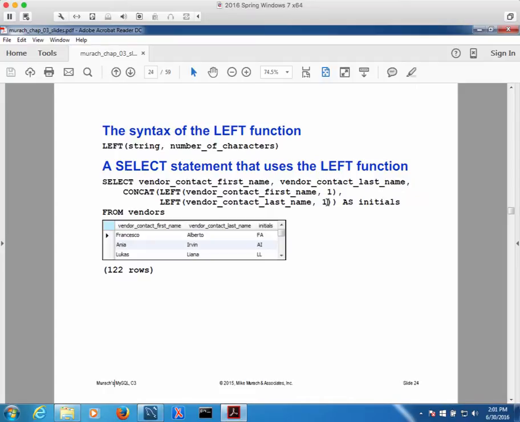Then we get those combined with concat, and they become the initials, FA. Okay? So it's this kind of combination of functional capability that gives you a lot of latitude in getting the output to look exactly like you want.